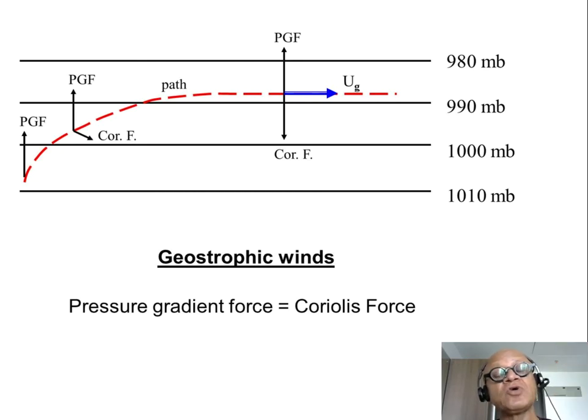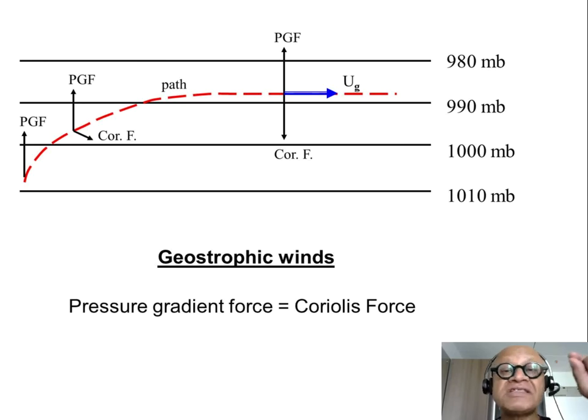So the best way to remember it is that in most places on Earth, in the atmosphere and in the ocean, there are places where friction can be small and Coriolis is a very strong constraint which produces geostrophic flow.